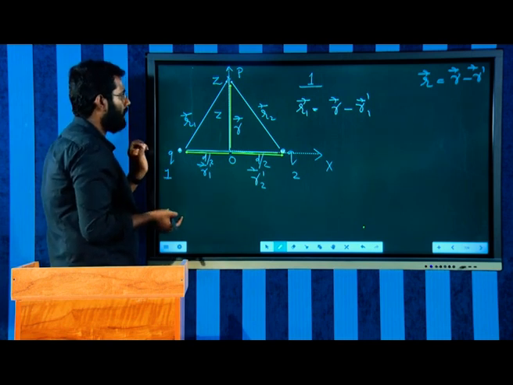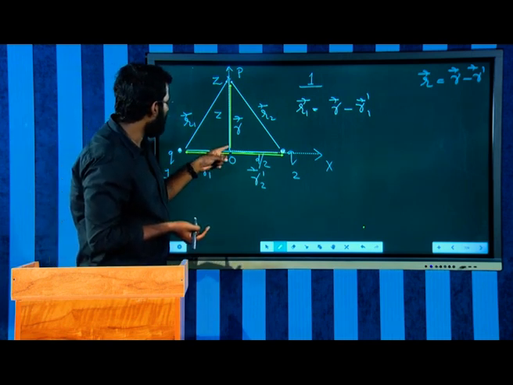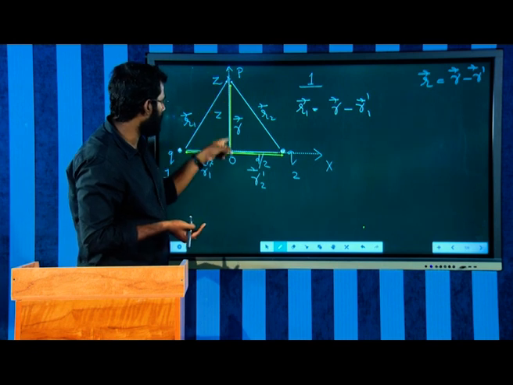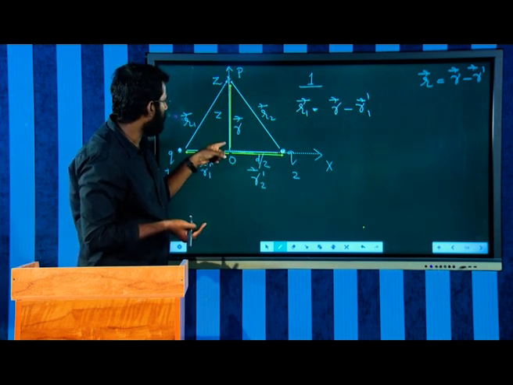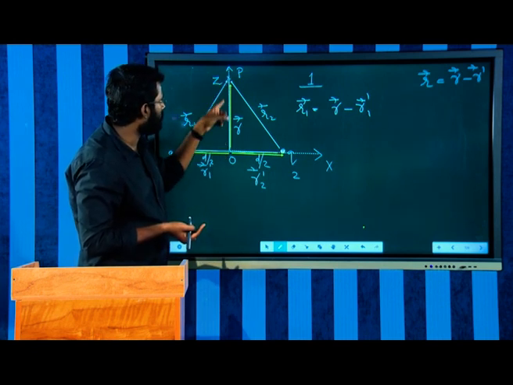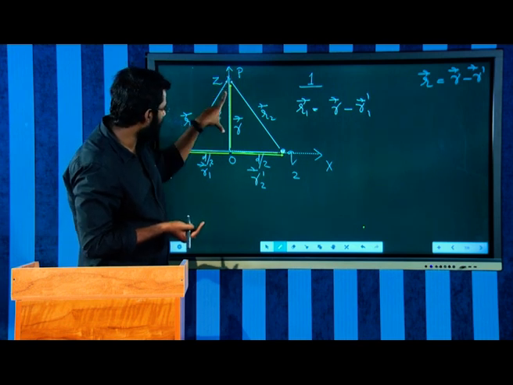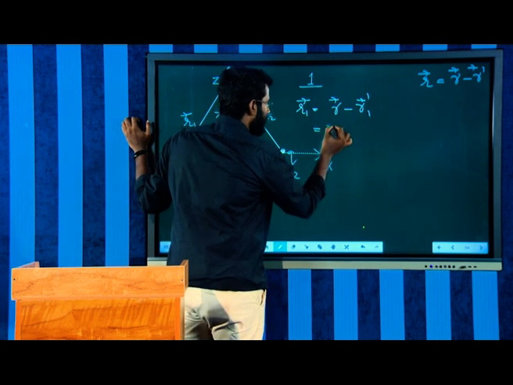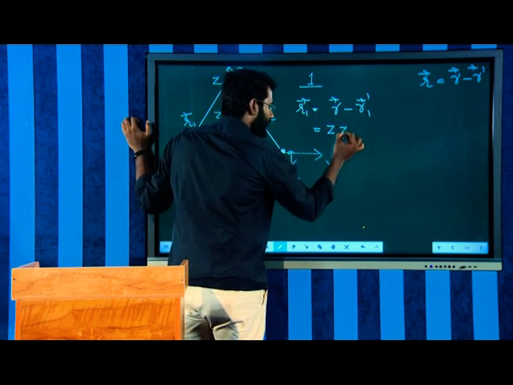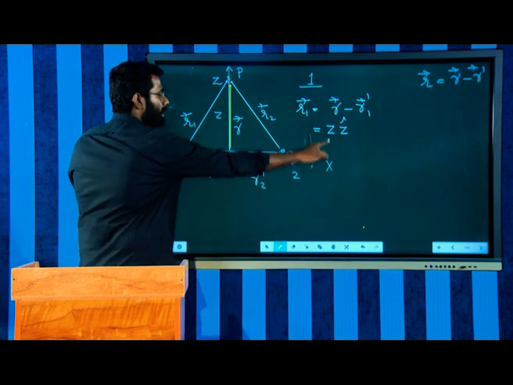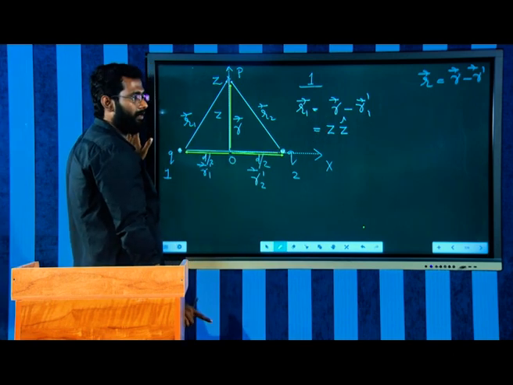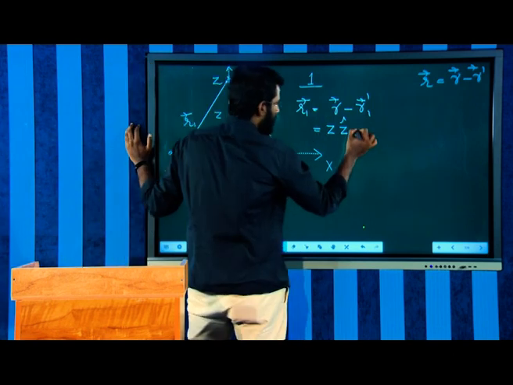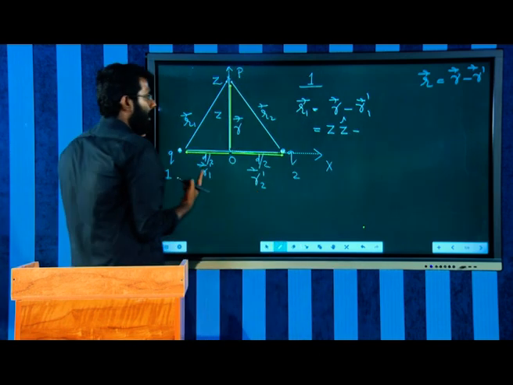So now what is R? You see that the R vector is this yellow vector, and its specialty is that it is directed along the Z direction and has a magnitude Z itself. So I can write that vector as Z Z cap, where Z cap is the unit vector along the Z direction, minus R1 dash.